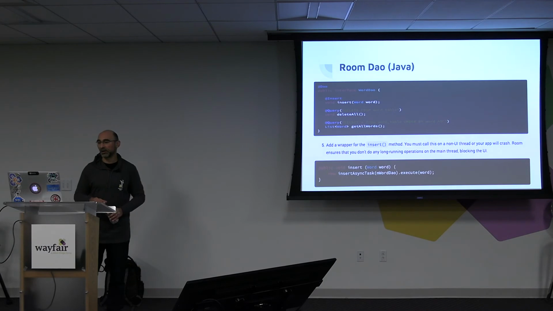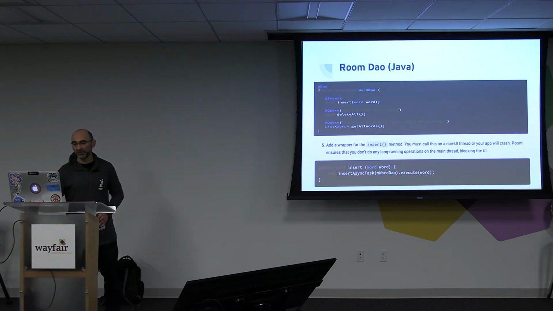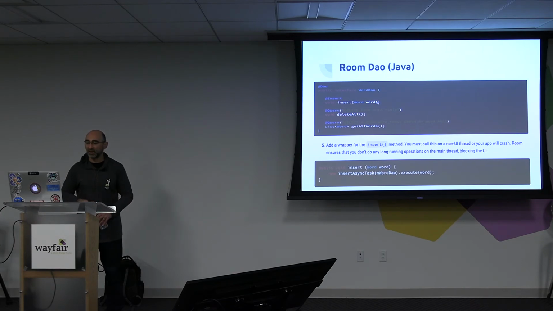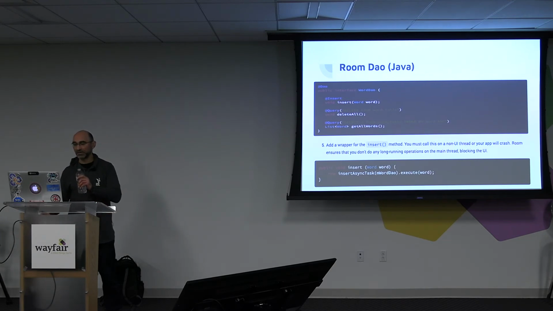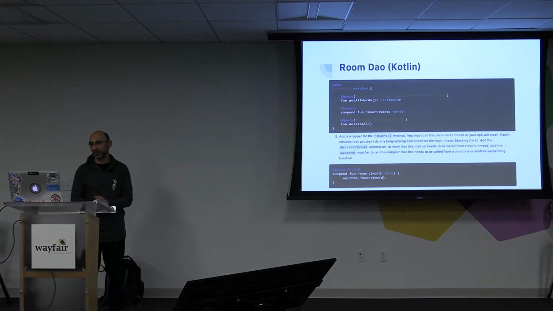If you look at Room, the way that Java would do it, we have our query to our database and say we want to insert a word here. Obviously, we can't insert this word on the main thread, and we would have to have an AsyncTask to move it off the main thread to be able to insert that word into our database. But because of Kotlin and coroutines, Room can now understand the suspend keyword.